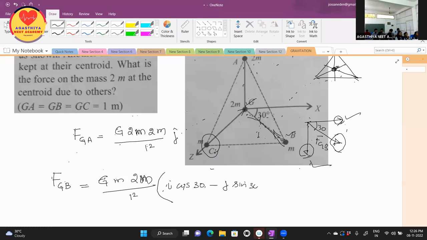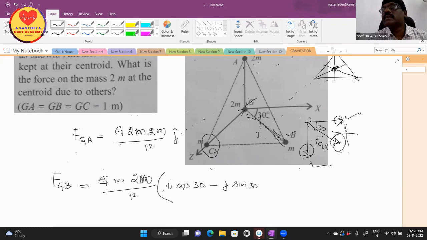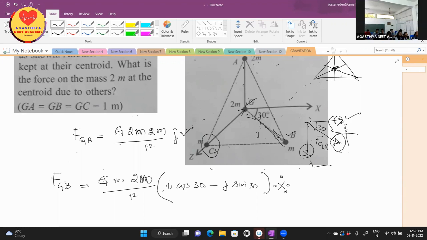Vertical side, opposite side, sin. Adjacent side, cos. Therefore, this is a very important point. Why am I taking the component here? Because the force acting between G and A is purely along the y-axis, so there is no need to produce components.